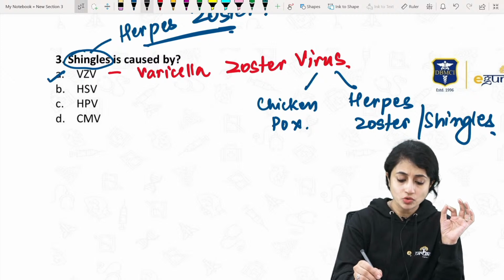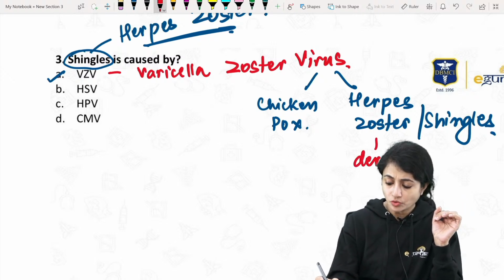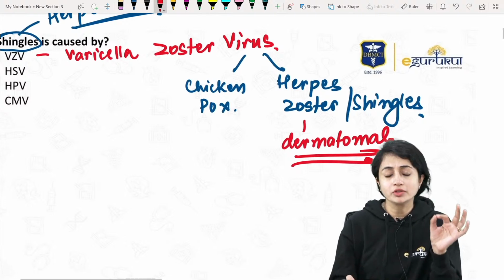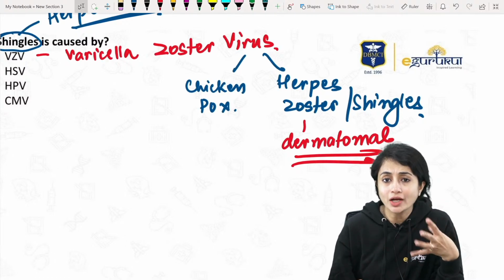This herpes zoster is typically dermatomal in distribution. Suppose the virus goes and stays latent in the trigeminal ganglion.